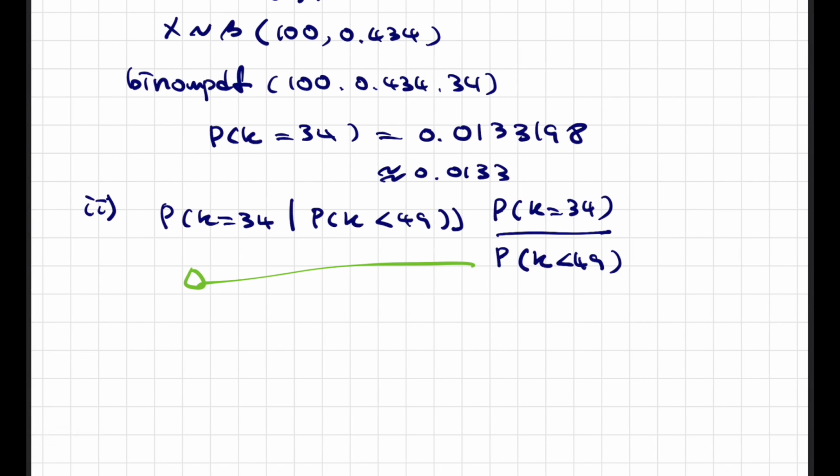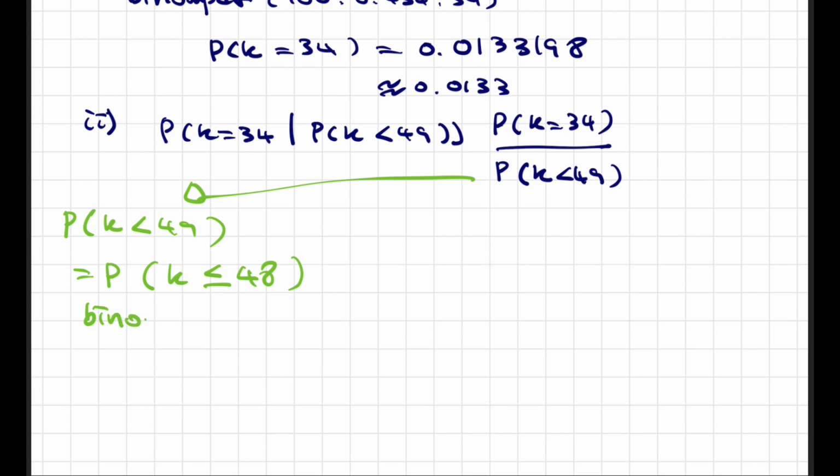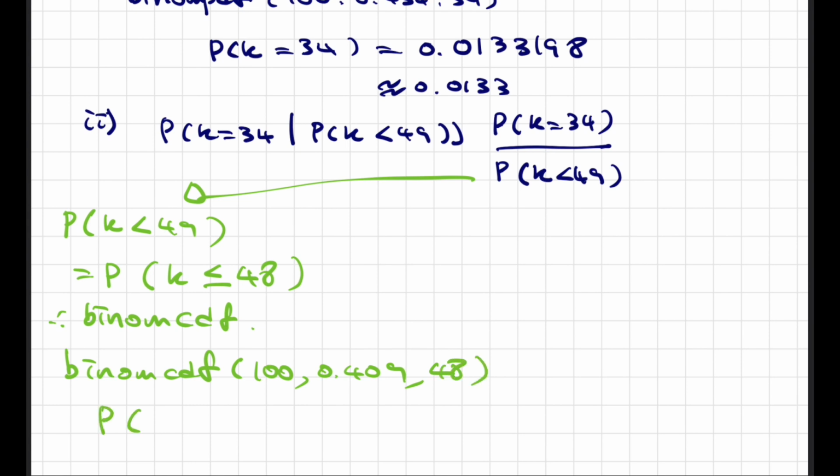So P(K < 49) is actually the same as P(K ≤ 48), right? For this case we're going to use binom CDF from your calculator, with 100, probability 0.409, and number 48. Then you get P(K ≤ 48) as 0.84218.